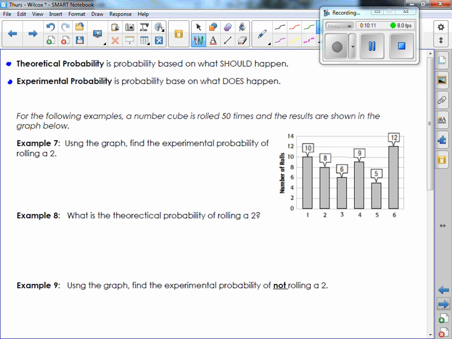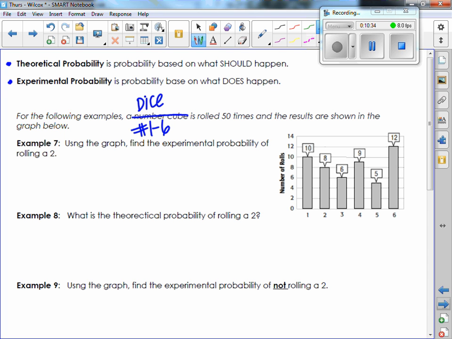So for the following examples on a number cube, which is just our dice, so think of a number cube as your dice, which has the numbers 1 through 6 on it. This dice is going to be rolled 50 times. And we can see in the table, they show us how many times it landed on each number. So using the graph, find the experimental probability of rolling a 2.